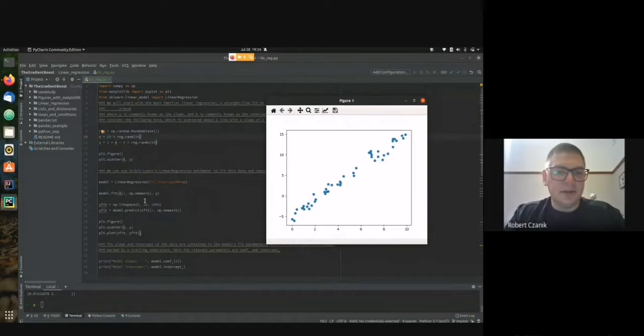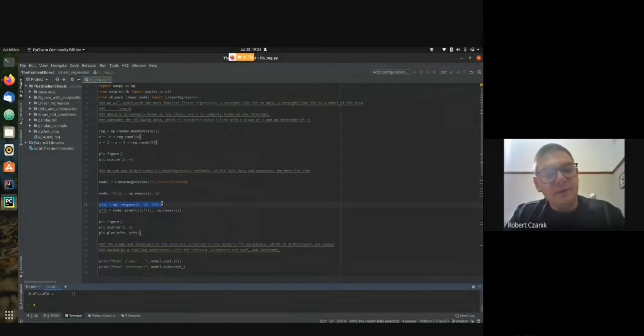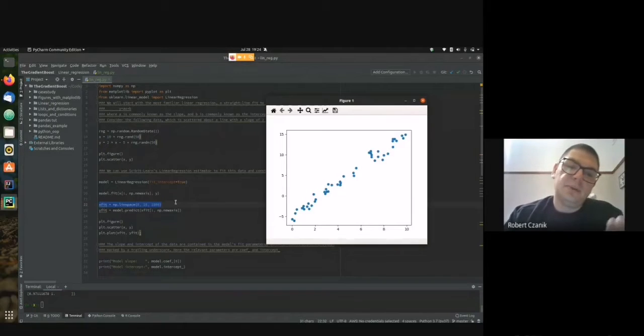Okay, so we fit our model through our X data set and then our Y, and then we have a set there of 1,000 points between 0 and 10, a linspace, which you guys have seen before. And then Y-fit is just getting the actual predicted value from our X-fit.